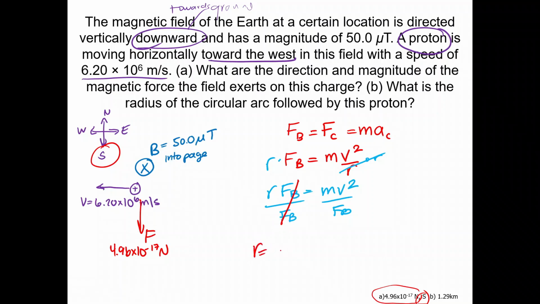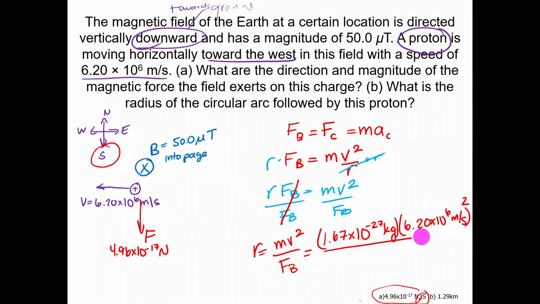So we get r is equal to mv squared over FB. I could plug in the mass of my proton, which if you look up is 1.67 times 10 to the negative 27th kilograms. That's on your formula sheet. Times our speed of 6.20 times 10 to the 6 meters per second, squared.